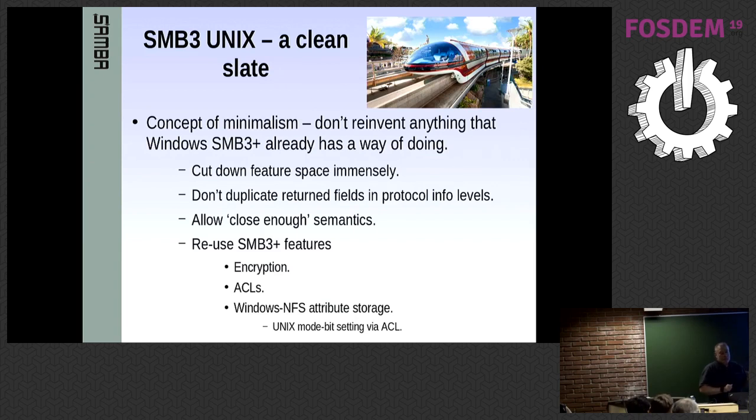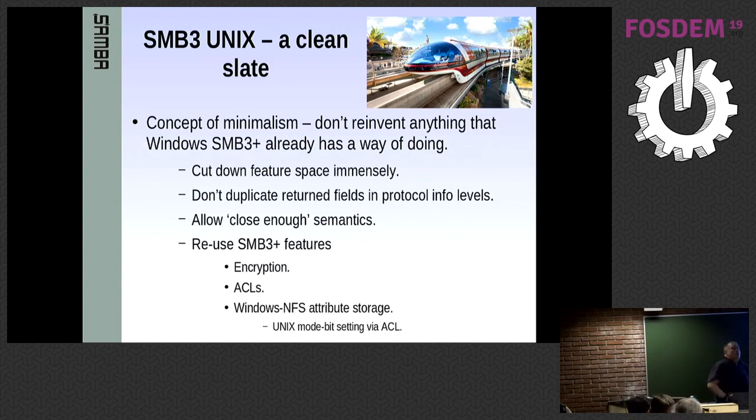So don't reinvent anything that SMB3 already has. Just tweak and add in very small ways. Now, because the SMB3 protocol is actually quite nicely designed, that made this not too hard, actually.